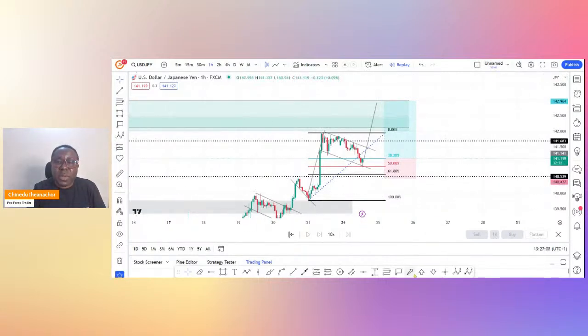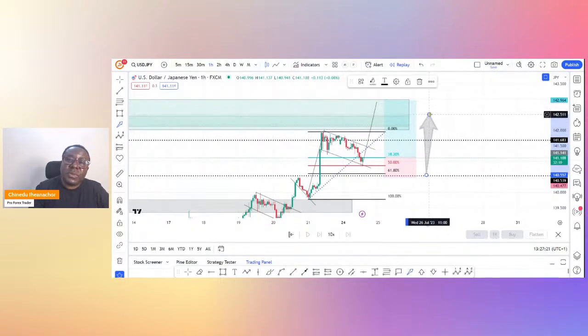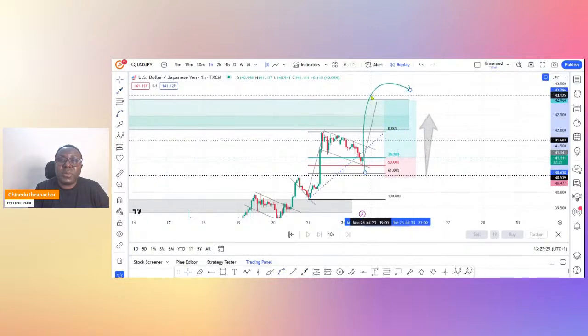So I expect the USD JPY to move further up into this zone before the correction downwards happens.